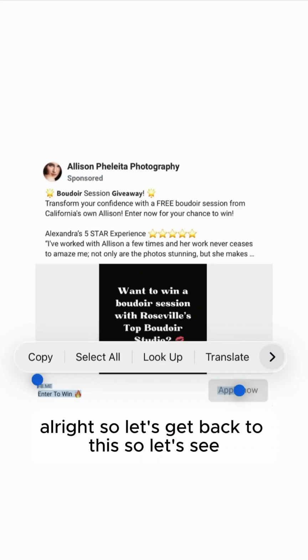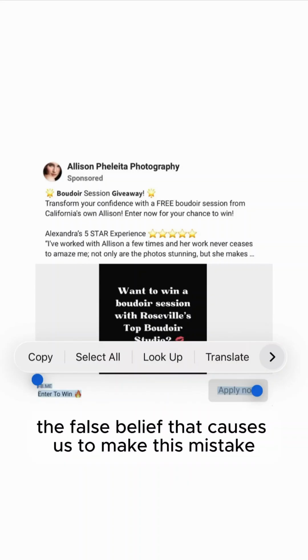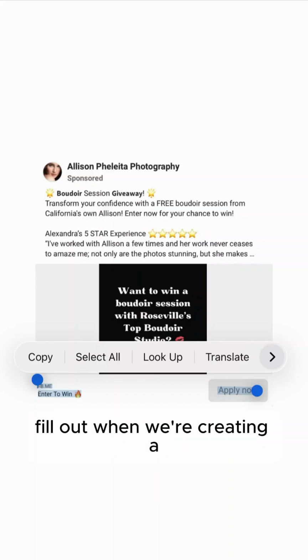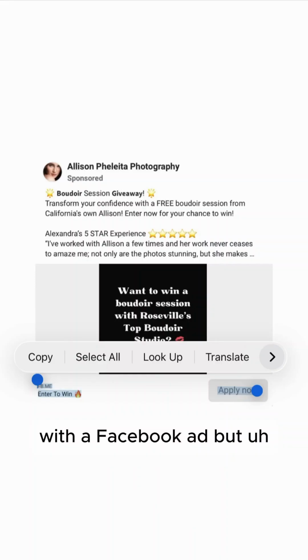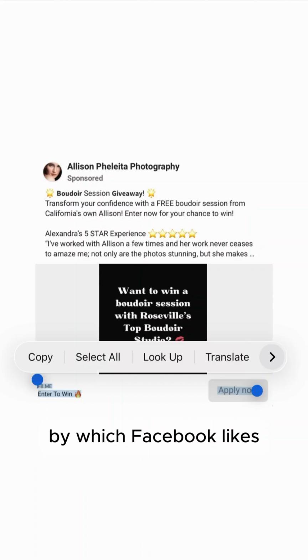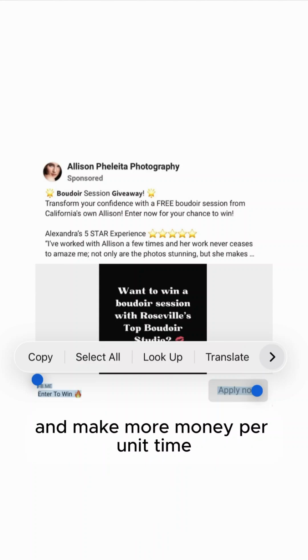So let's see. We got below creative cluster mistake. The false belief that causes us to make this mistake is following what Facebook tells us to fill out when we're creating a Boudoir Facebook ad. But this actually causes more women to scroll on by, which Facebook likes, because then Facebook can serve more ads per unit time and make more money per unit time.